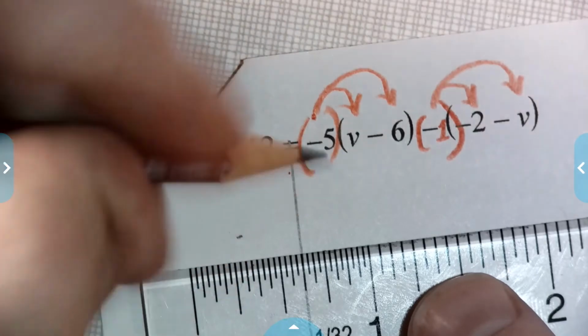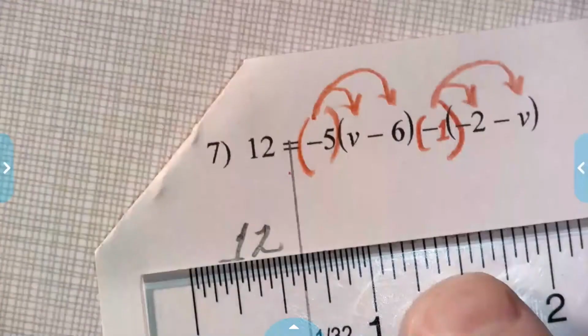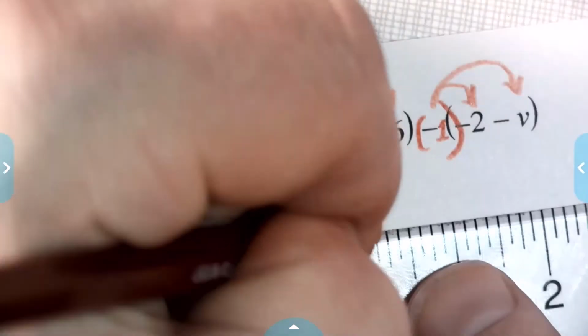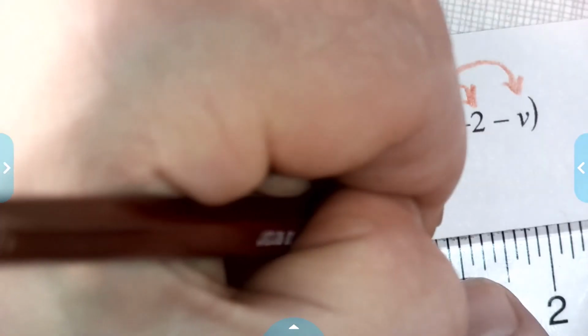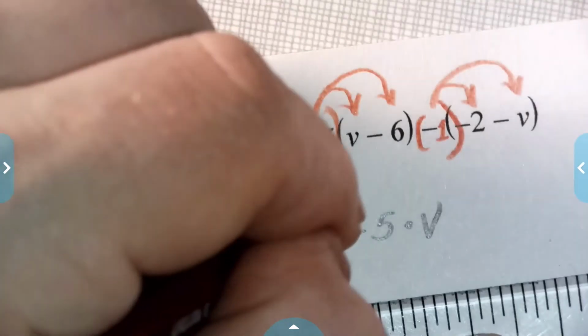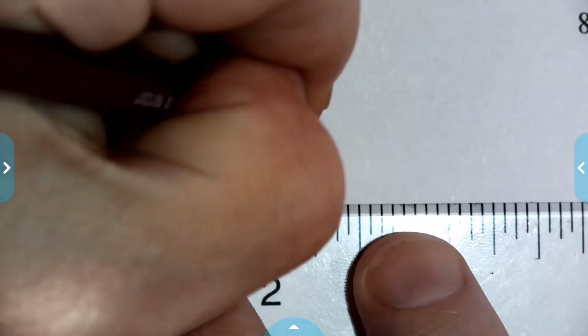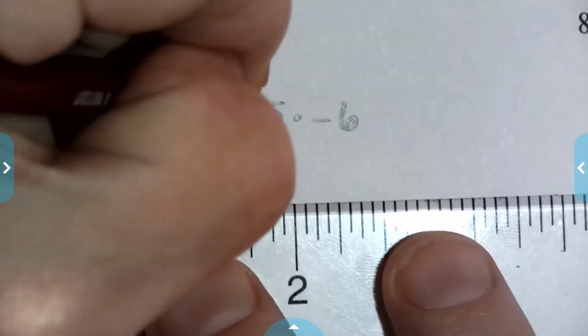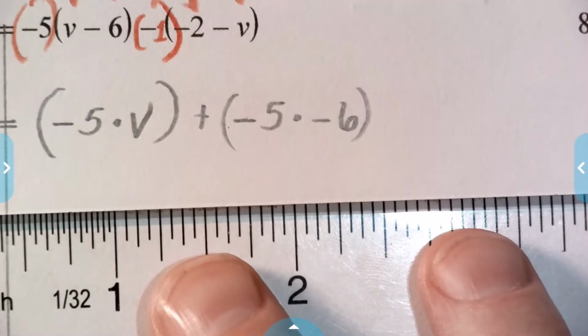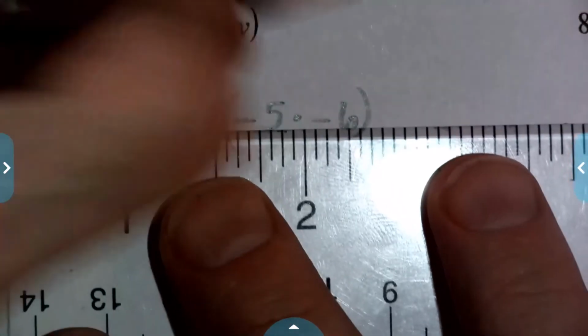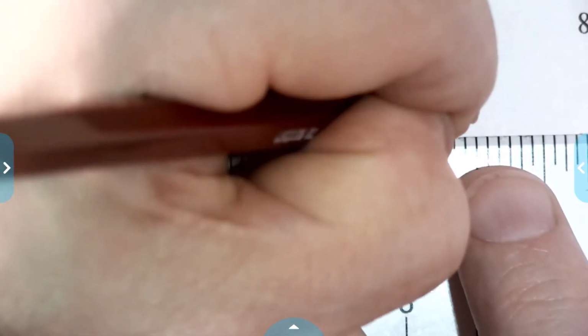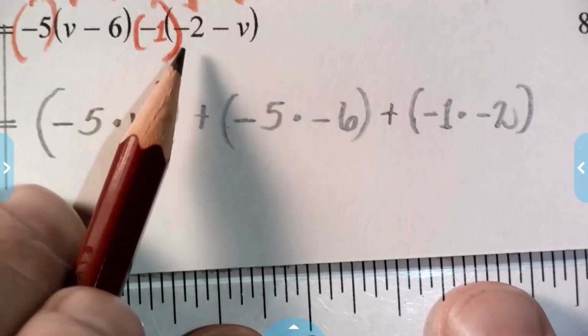I've got 12 equals, and then here we go, negative 5 times V plus negative 5 times negative 6, now we're doing this one, plus negative 1 times negative 2 plus negative 1 times negative v.